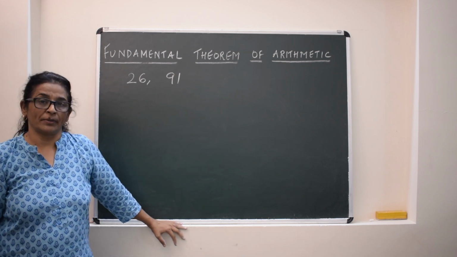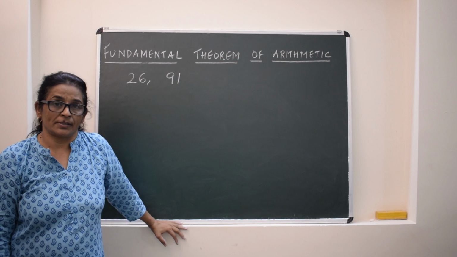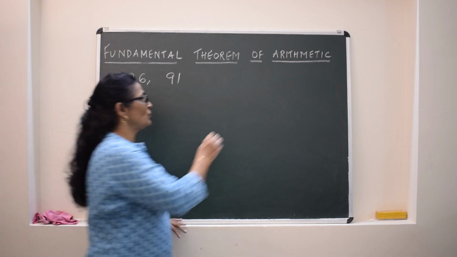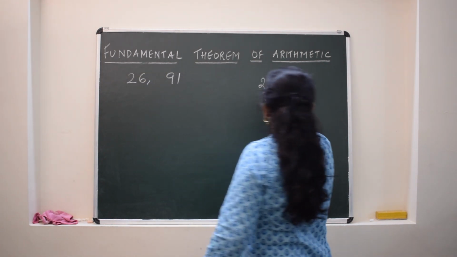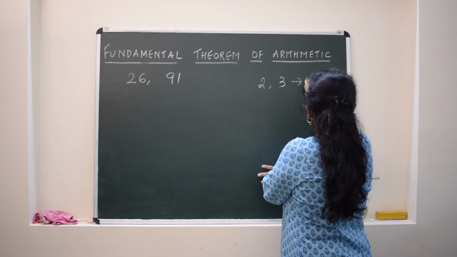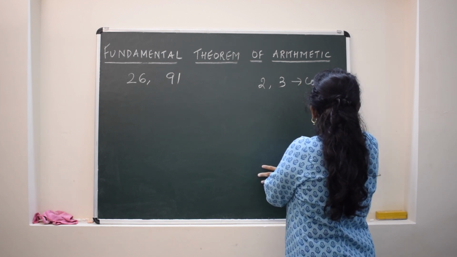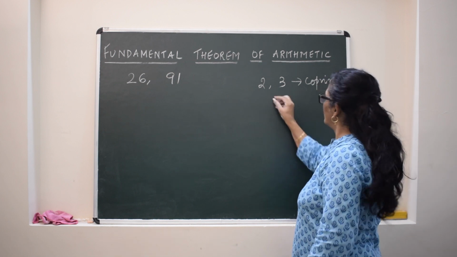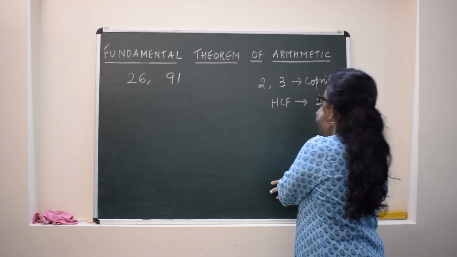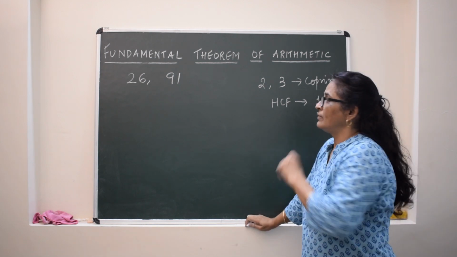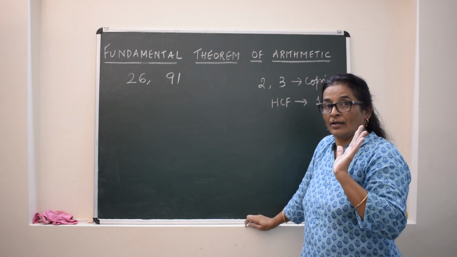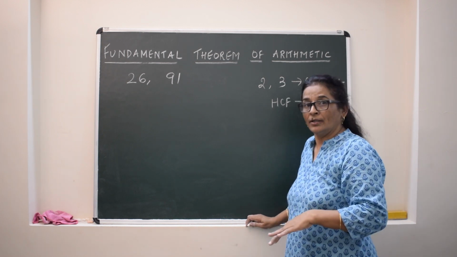One thing we have to remember: whenever two numbers don't have any common factor other than 1, they are called co-prime numbers, because their highest common factor is 1. So first we will see if the numbers are co-prime or not. If they are not co-prime, we will find the prime factors.